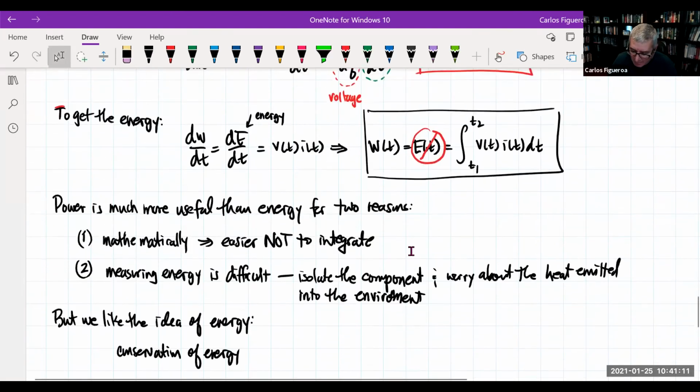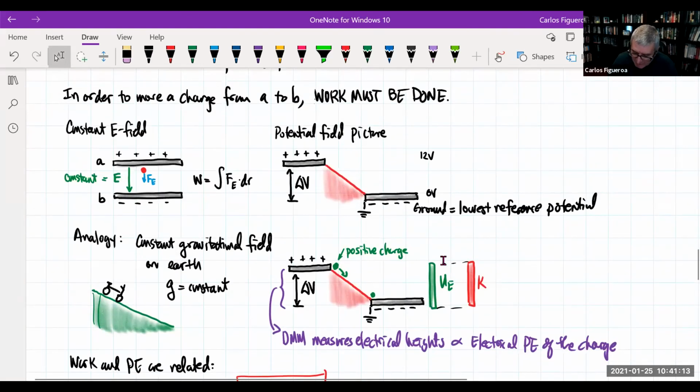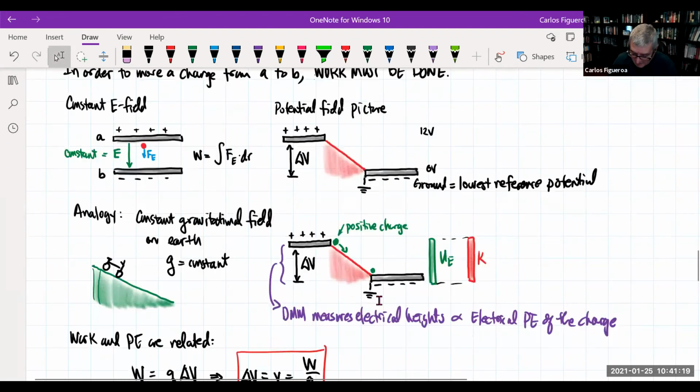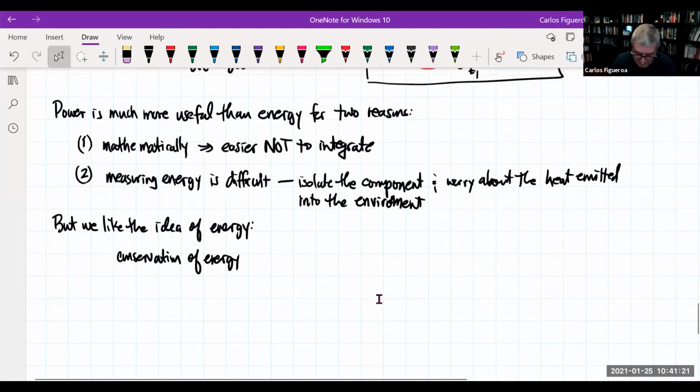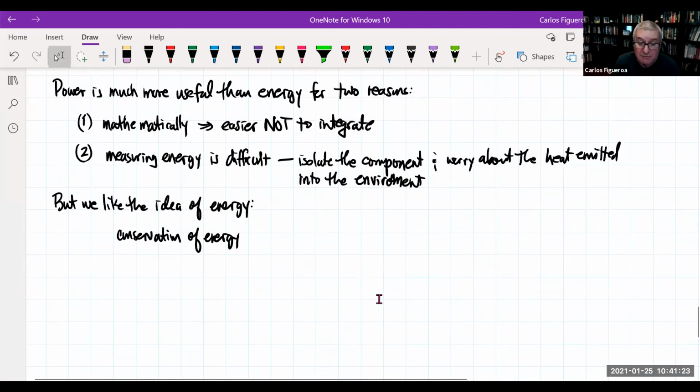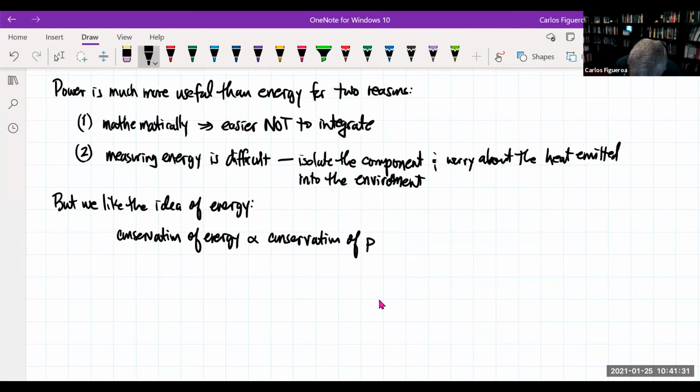Let me just scroll up again. Look at this picture. Conservation of energy allows us to physically understand what's going on in the system. Since energy is proportional to this, we can also say that this is proportional to conservation of power. So we really want to look at conservation of power in a system.